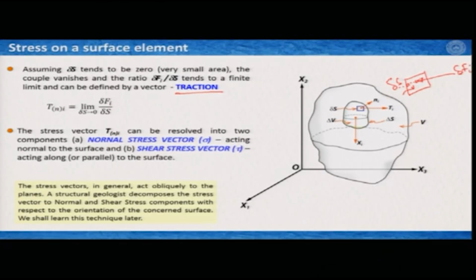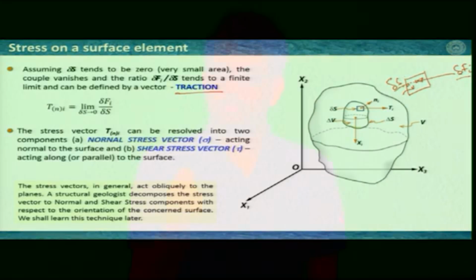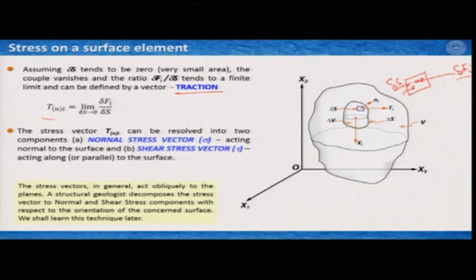So, if this area goes very small, I have an area which is del S, and I have a force acting on this, del F i, and if I reduce this area, that means the area tends to 0, then I get in a very small area the stress or the traction on a surface.